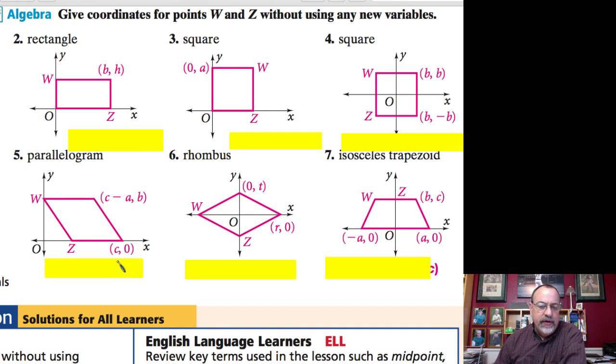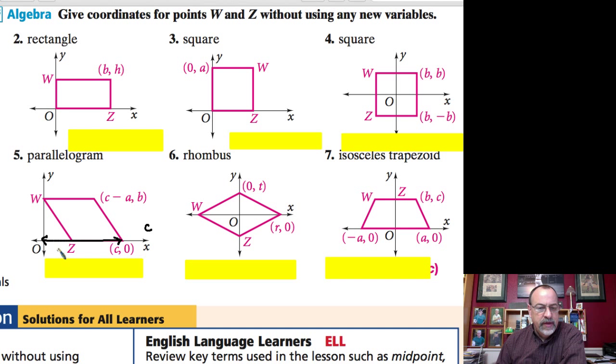Let's take a look at number 5 here, because this one's kind of interesting. It's a parallelogram, so I know that the opposite sides are the same length. That's one of the characteristics of a parallelogram. Now, what I know is, because of this coordinate here, that the distance from here all the way to here is c.